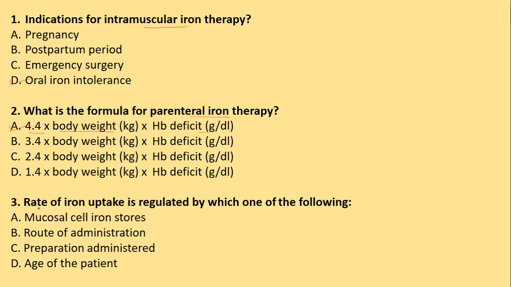So coming to the third MCQ, rate of iron uptake is regulated by which one of the following? Mucosal cell iron stores, route of administration, preparation of administered dose, as well as age of patient. So what will be the correct answer? The rate is mainly regulated by the mucosal cell iron stores.